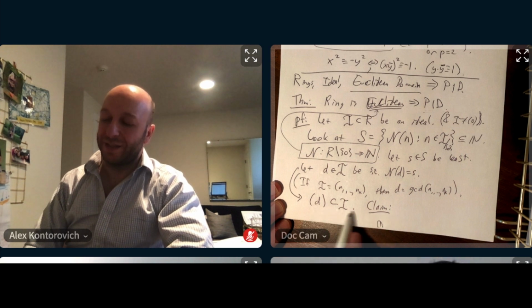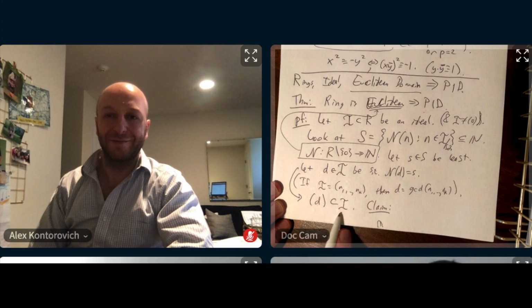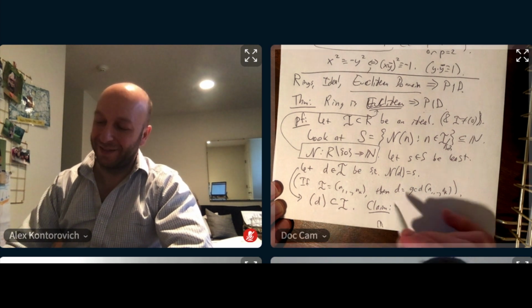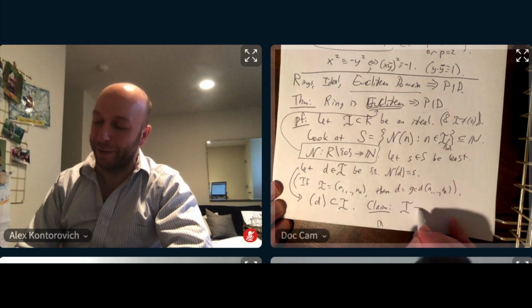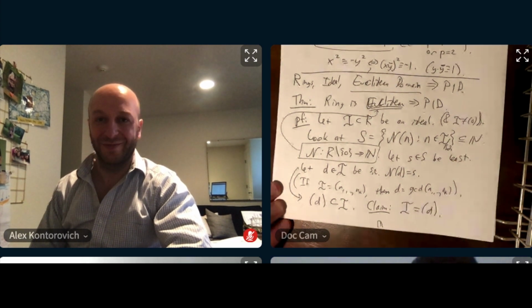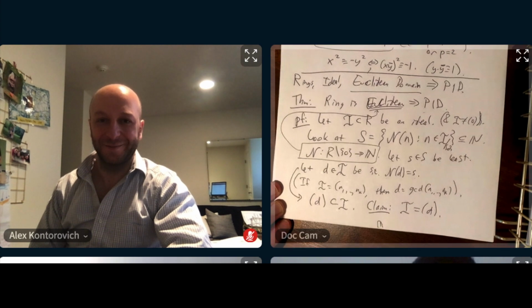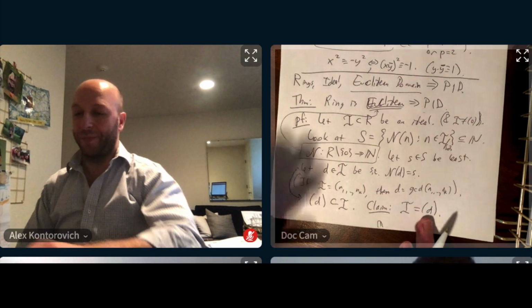My claim is that the ideal is the ideal generated by the GCD. In other words, the ideal generated by D is equal to I. That's the claim, that the ideal not only contains D, it contains nothing but multiples of D. Does that make sense?